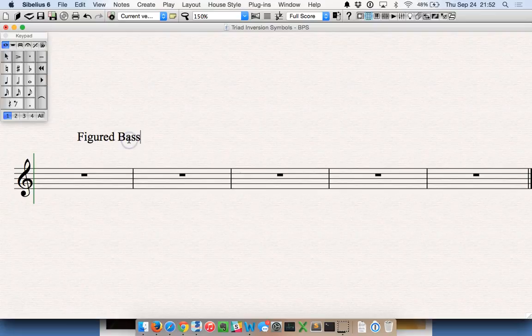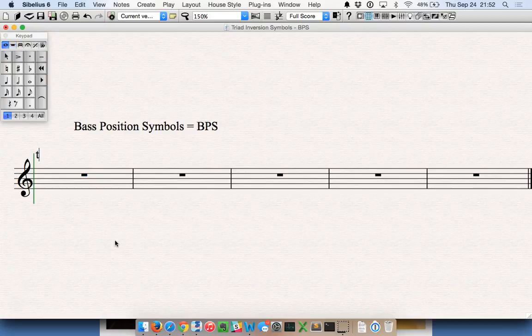It's not exactly the same, but it's pretty close and very similar, and it works really well. So we derive it from figured bass, and we actually call them bass position symbols, BPS for short. And again, the reason it's so important is that we're going to derive the inversion off of the bass note.